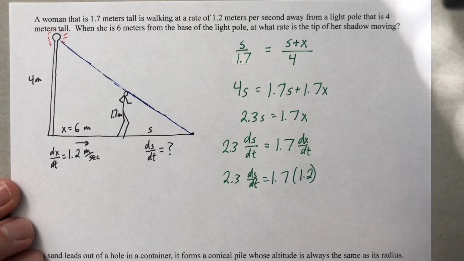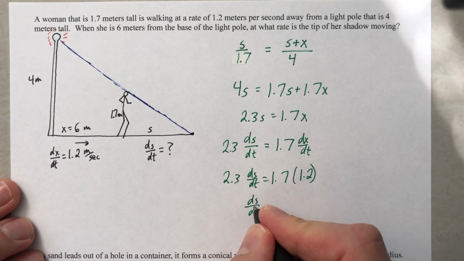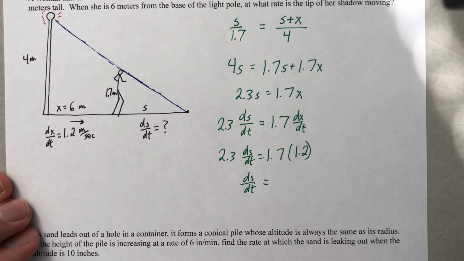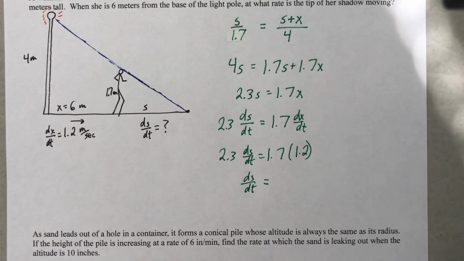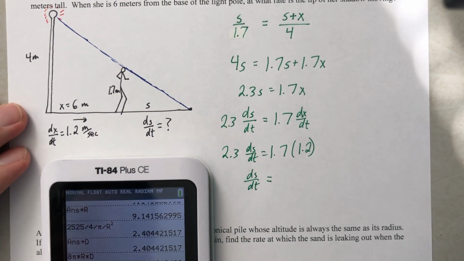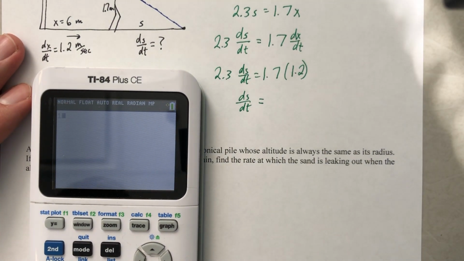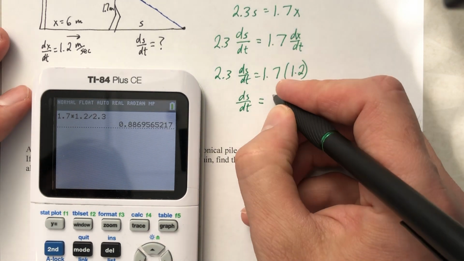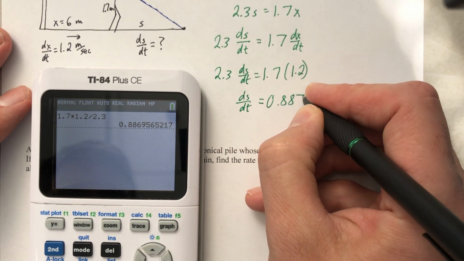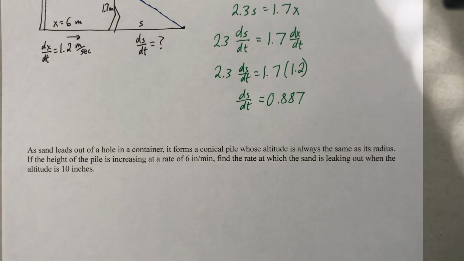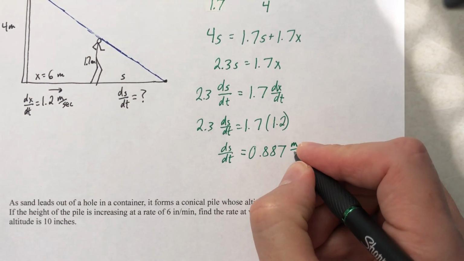And we are going to solve for ds dt by multiplying those two and dividing by 2.3, and we are about to get an answer. And then I need to clarify something. So 1.2 times 1.7. I said one thing and typed something else, but it's going to be accurate. And then there we go, 0.887. And that is going to be meters per second.